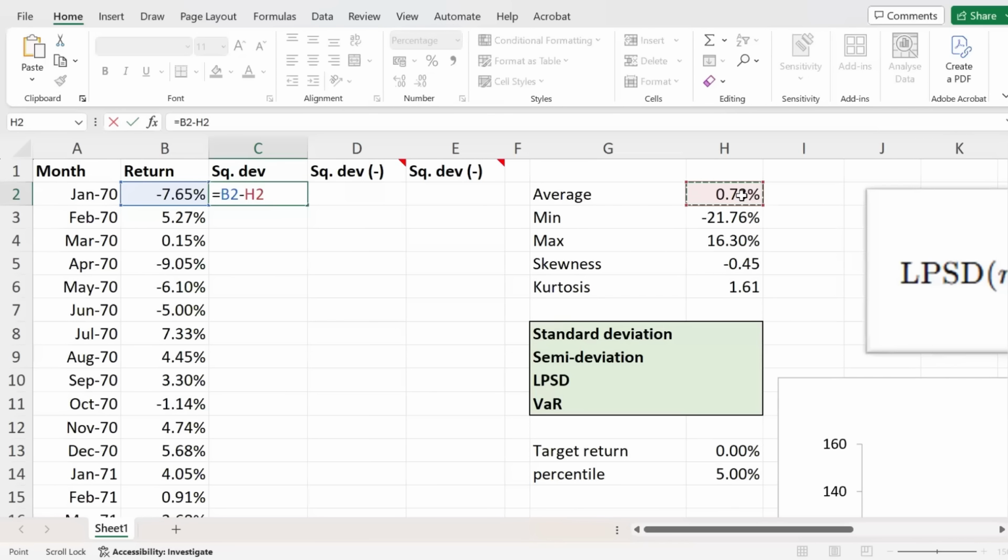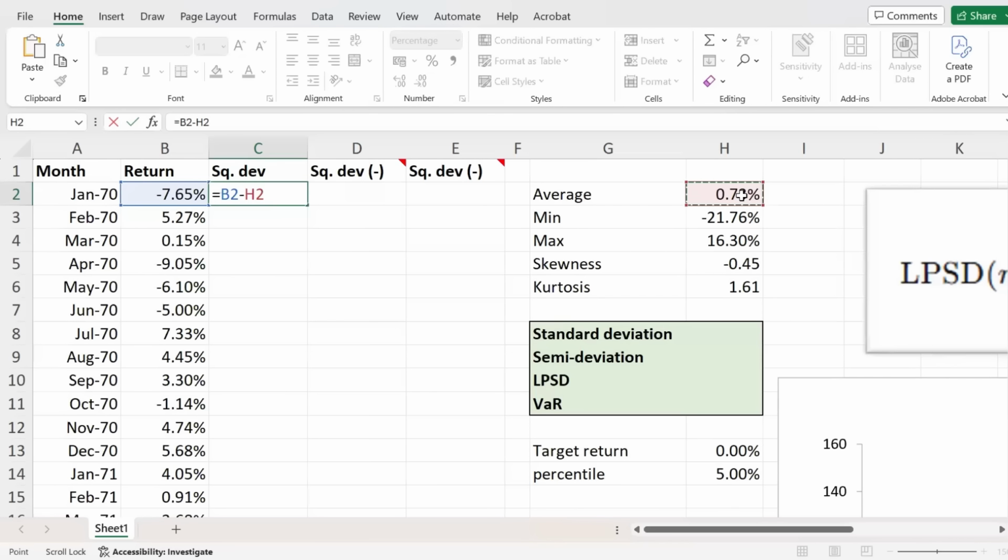This is just the difference. I need to take the squared difference, to the power 2, and then just extend this all the way to the bottom. Standard deviation is based on the average squared deviation.